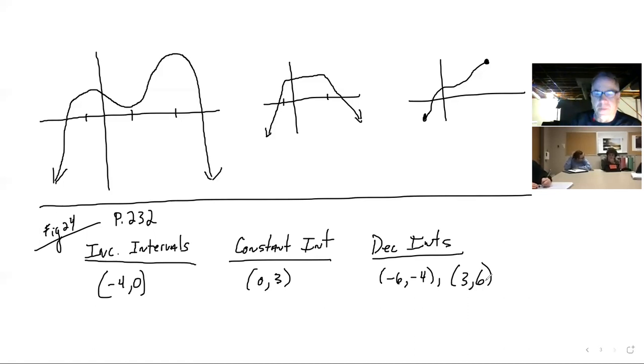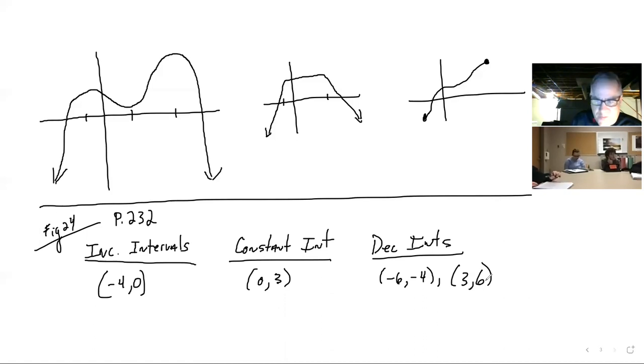Now, another term, and it's on the next page, but we're going to keep looking at this graph: absolute max, absolute min. When we say what is the absolute max, it is the largest functional output a function can have. An absolute min would be the smallest output you could have.